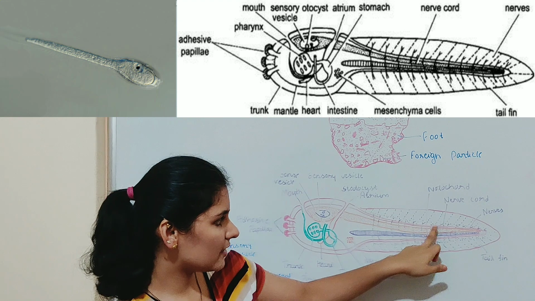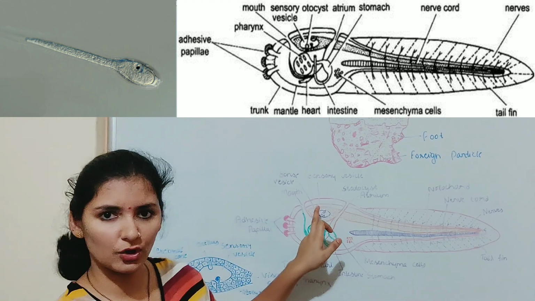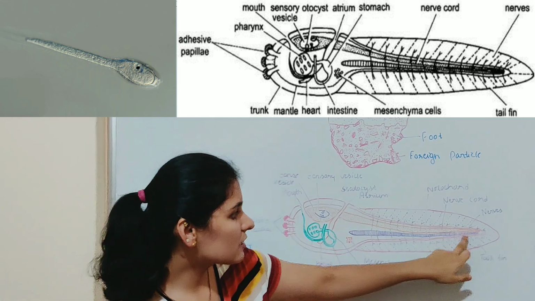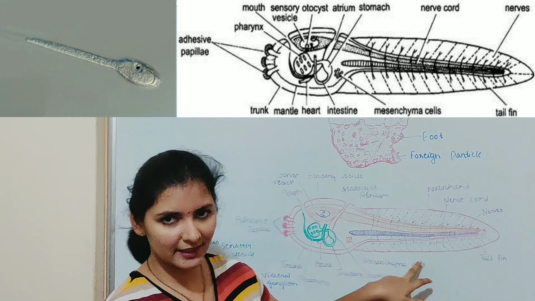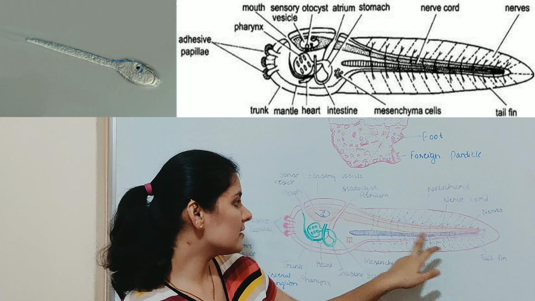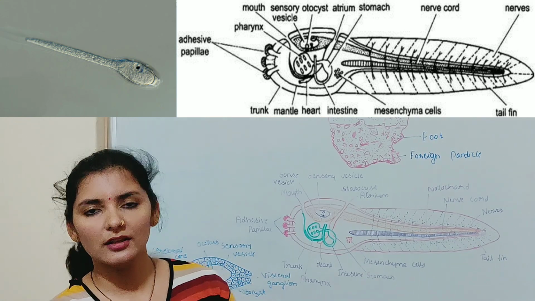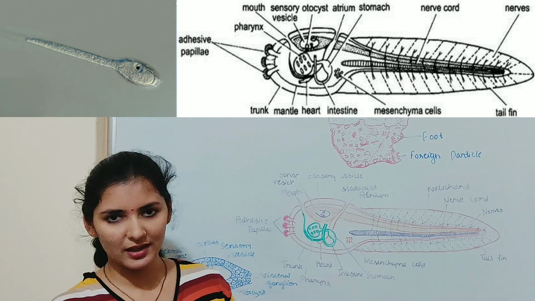On the dorsal surface of the tail, it consists of a nerve cord which continues from the head or the trunk part. Just below this nerve cord, you can see a solid notochord, and the notochord is confined only to the tail part. The notochord is a solid cylindrical rod-like structure which is filled with fluid. So that is about the posterior tail part of the larva.